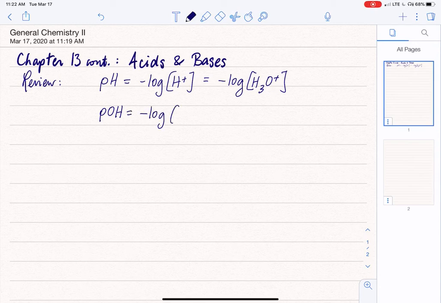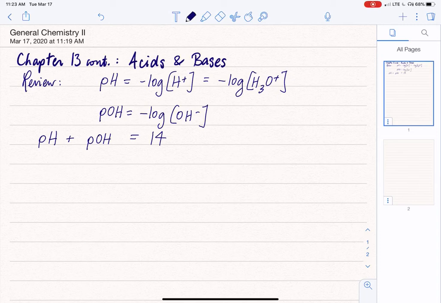So we also have pOH, which is simply the negative log of the hydroxide ion concentration. And you may recall we did a quick derivation where we summed the pH and the pOH, and at 25 degrees those summed to 14 because Kw equals 10 to the minus 14.